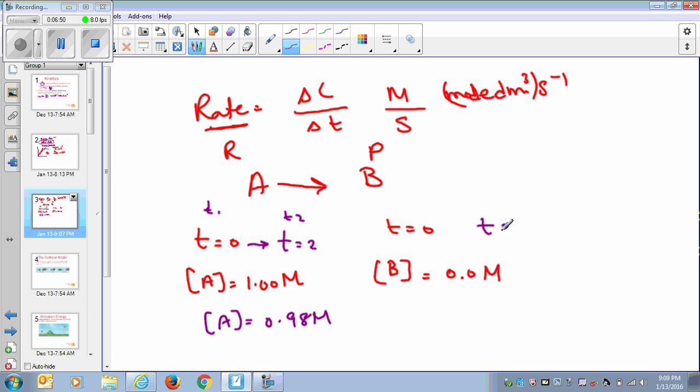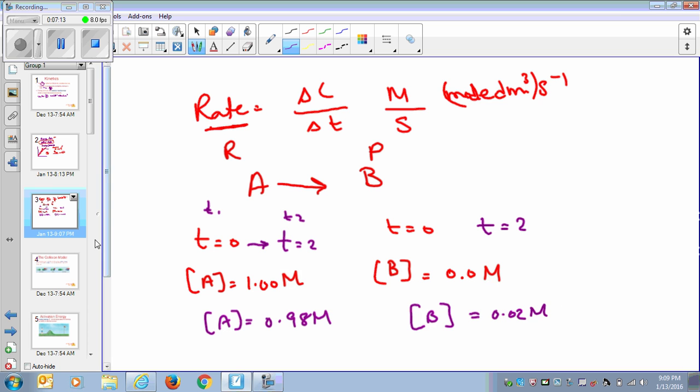Here, on the other hand, after 2 seconds, the concentration of B is 0.02 molar.